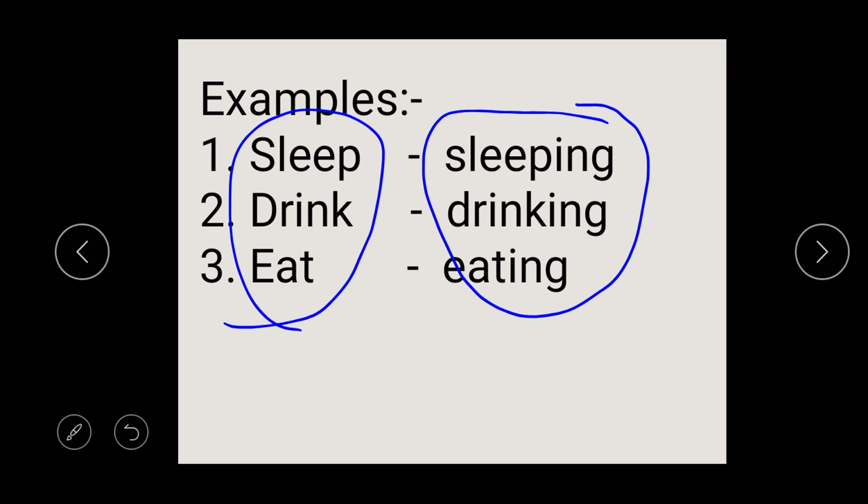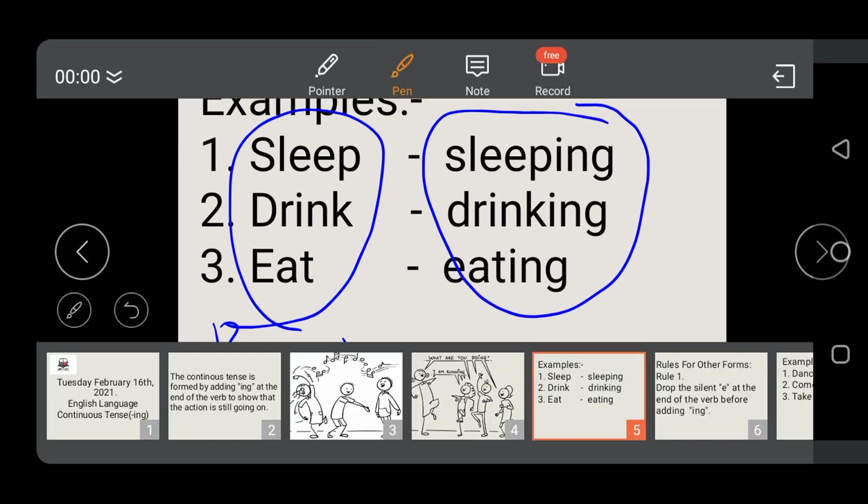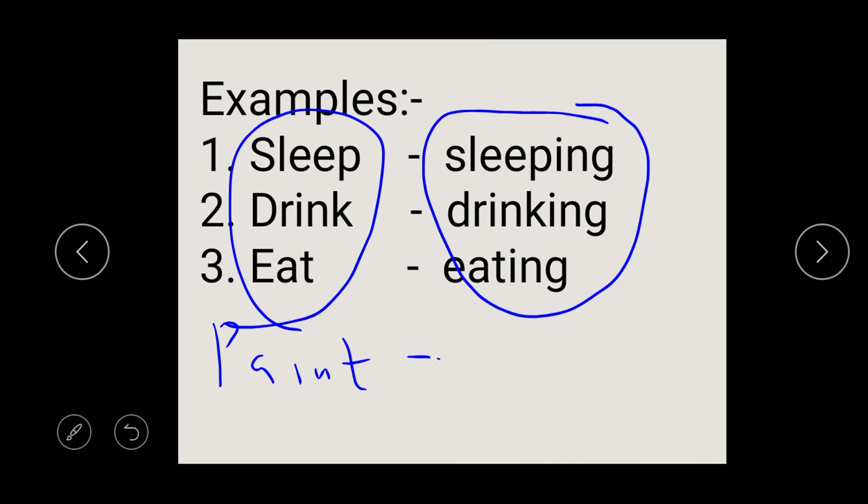So most of the time, for most of the verbs, we just add ing. For example, you can have a verb like this. Paint. Can you paint the book? Okay, I am painting the book.